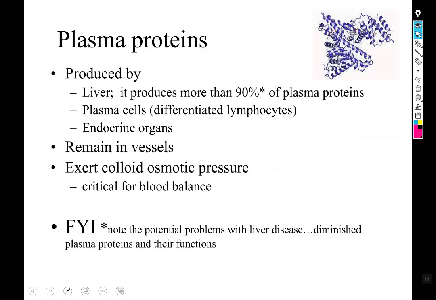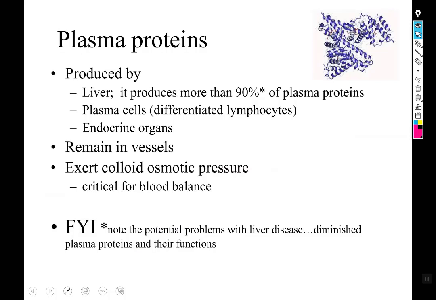And what that ends up doing is changing the viscosity of the blood and also changing colloid osmotic pressure, which is the ability of blood to attract water. So changes in plasma proteins end up having pretty large consequences on the characteristics of blood. So this is the link between your digestive system and your circulatory system.